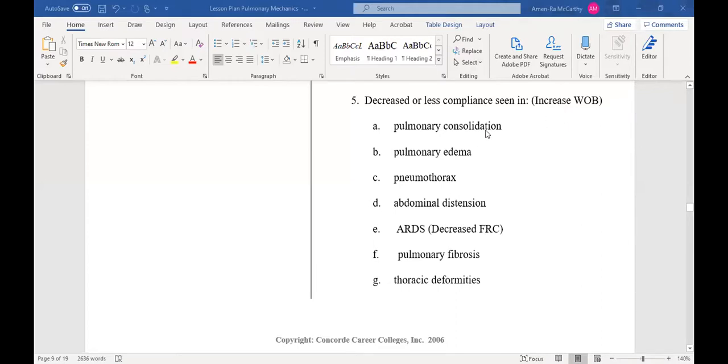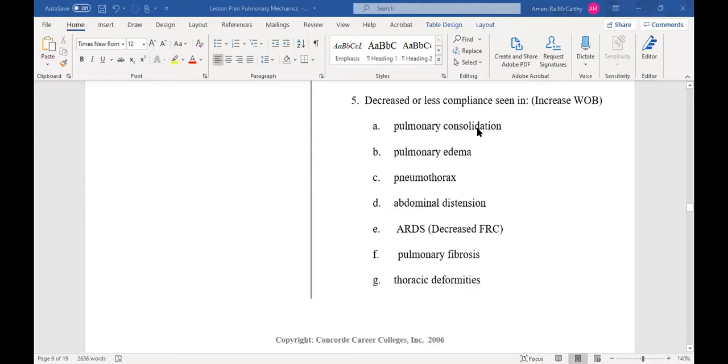And that happens with pulmonary consolidation, which means there are some secretions or some mucus that's filling up one or two segments in the lungs. If the segment is full of mucus, then it can't be full of air. One thing can occupy the space.